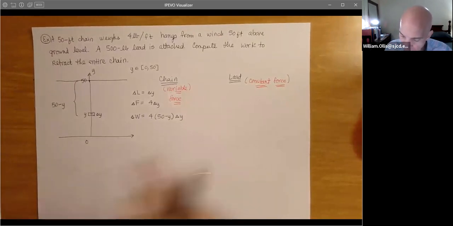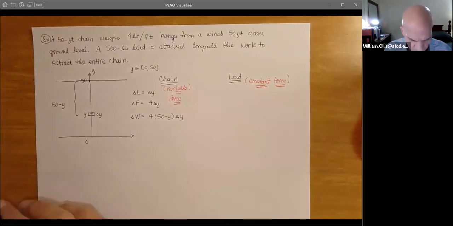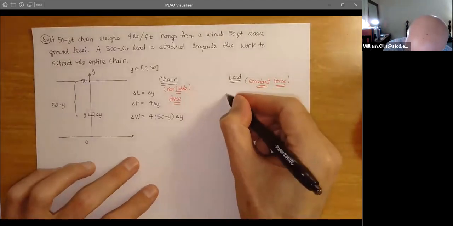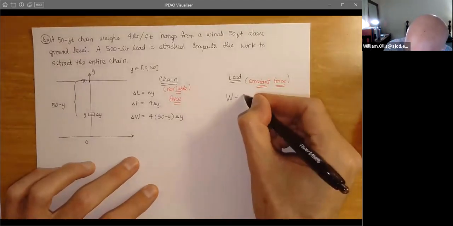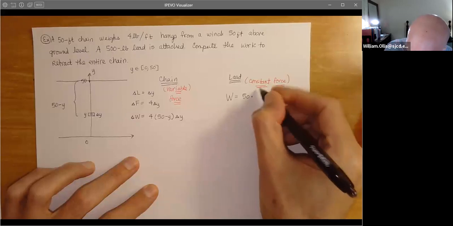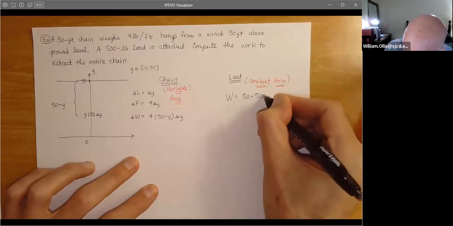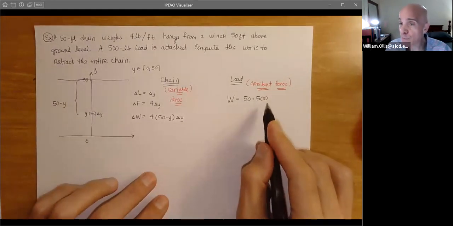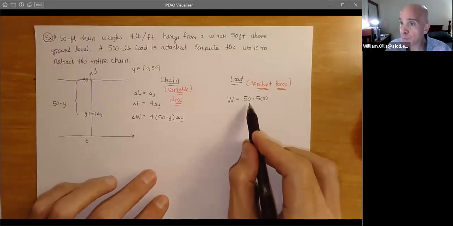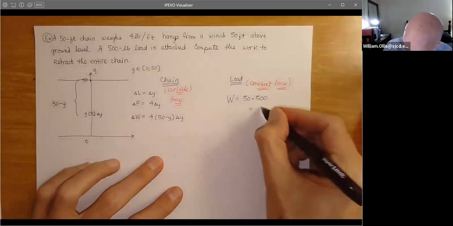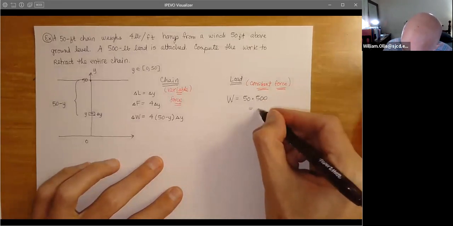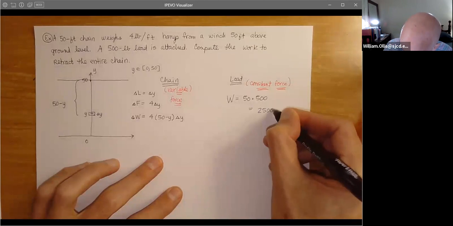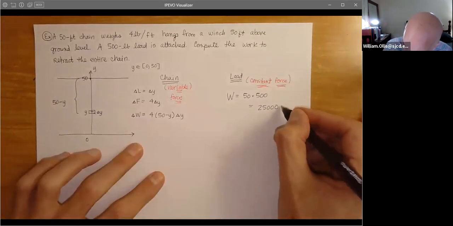And so now we're thinking, okay, well, what do we have here? The work done here is 50 feet times 500. That load that's attached has a constant force and it moves 50 feet. So this gives you what? 3 zeros, 25, 1, 2, 3. And that'll be foot-pounds.